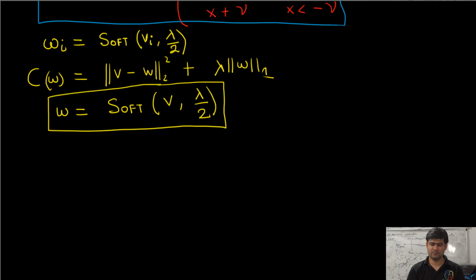So this is the minimizer of this function C of W.